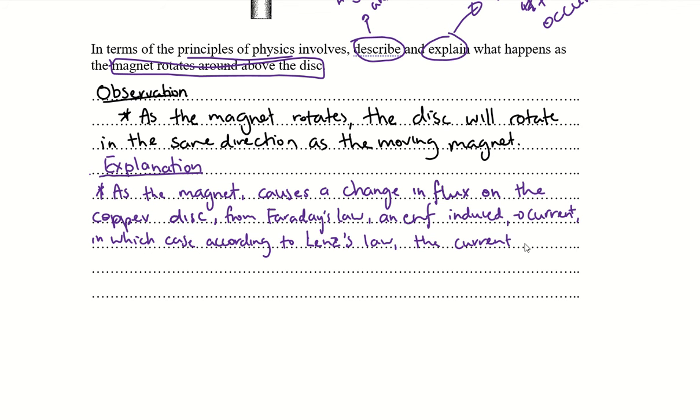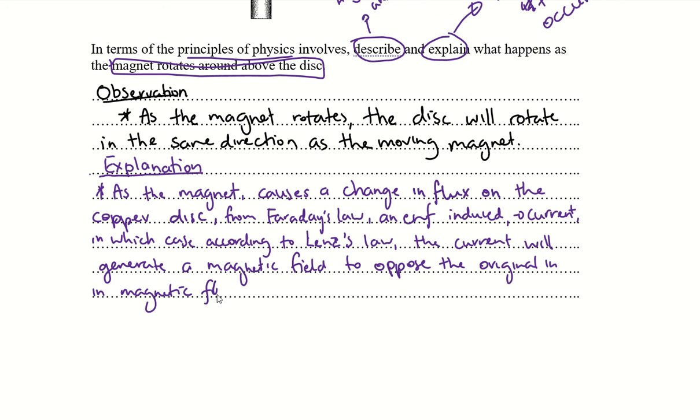So the current will generate a field to oppose, in this case, the motion of the magnet, to oppose the original change in the magnetic field, the magnetic flux, caused by the moving magnet. Okay.